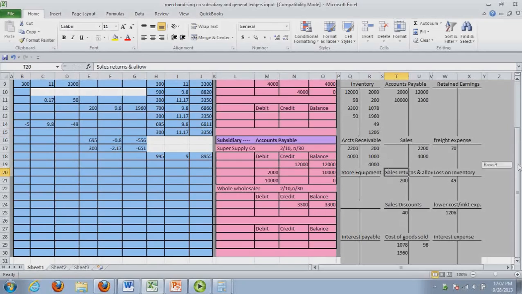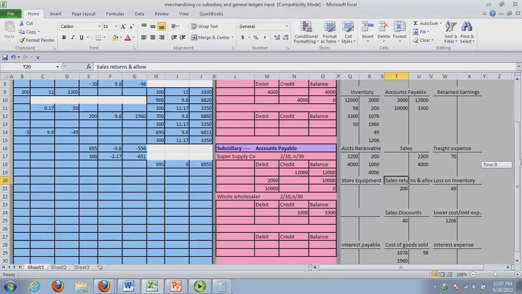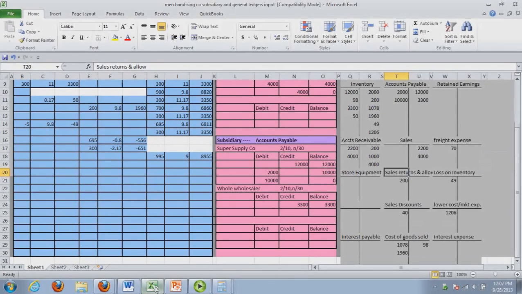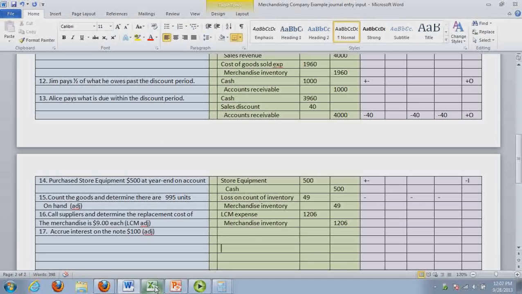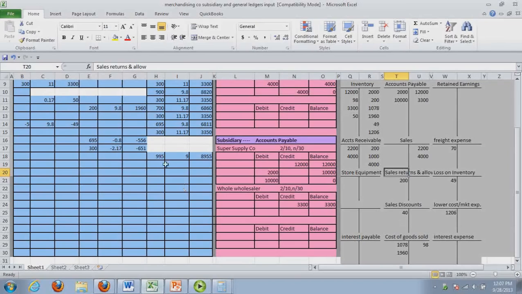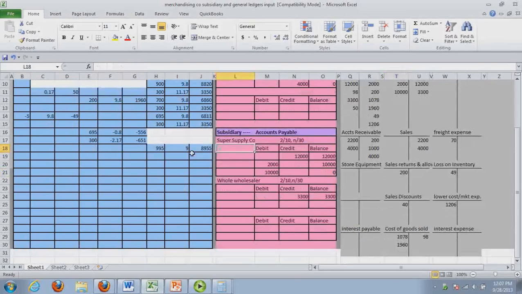Hopefully I've got all the stuff in there, but I will make sure for the next video clip if we forgot to record something. And we did the subsidiary record. So this is now physical count we have, as well as the replacement cost. So this is completely updated for everything that could possibly happen to us.